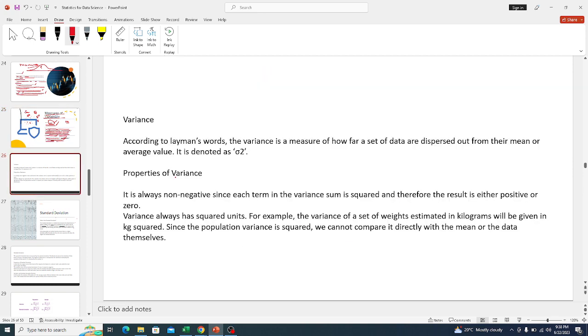Let's see some properties of variance. According to layman's language, variance is the measure of how far a set of data is dispersed from their mean, or from their average value, and is denoted by sigma squared for population variance.